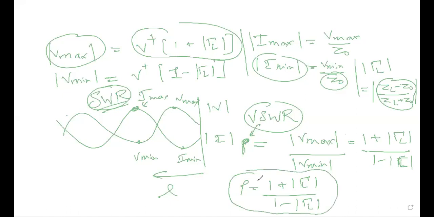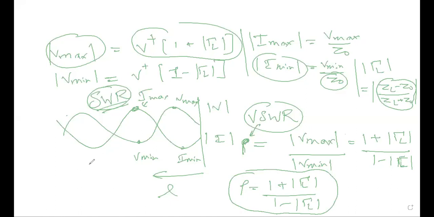And this VSWR is a very important parameter because it describes our reflection in the line. In the next module we will study the Smith chart.